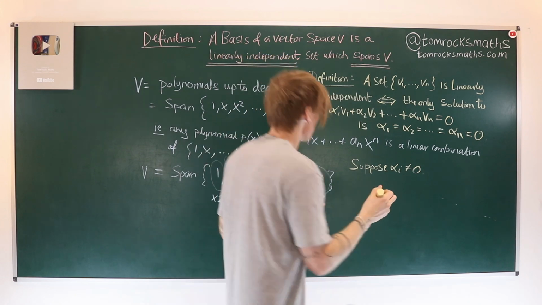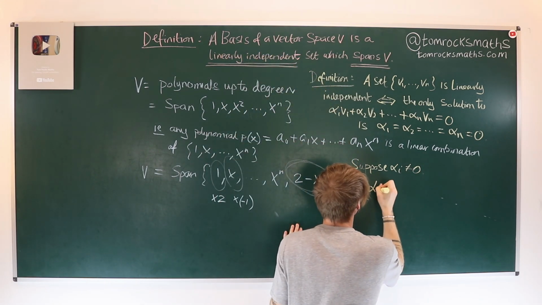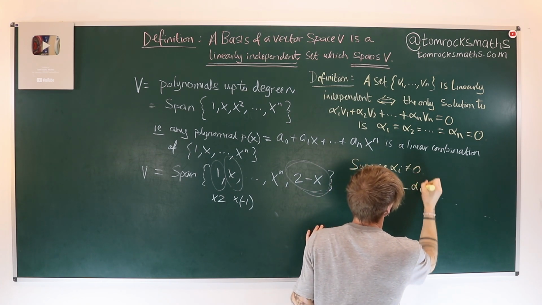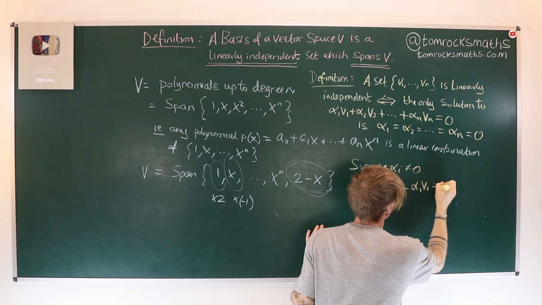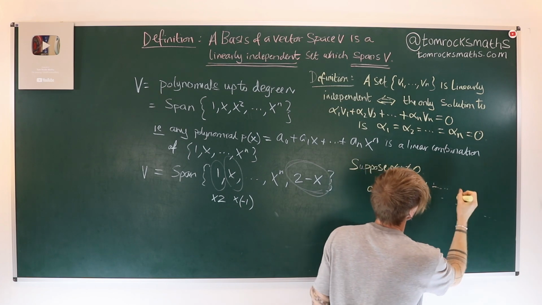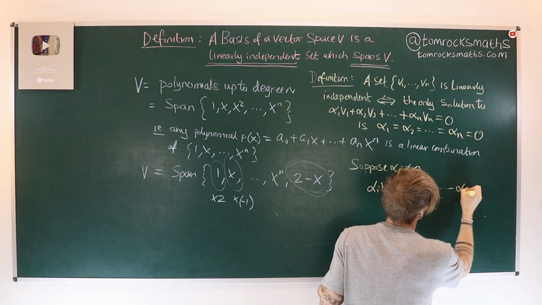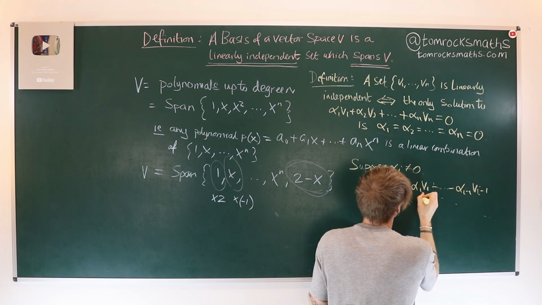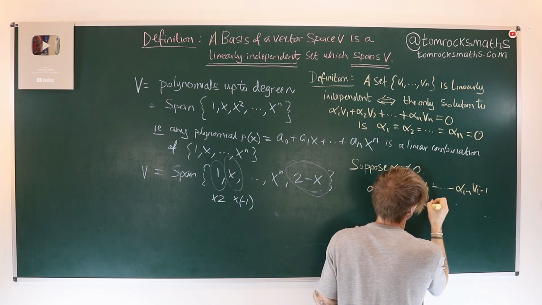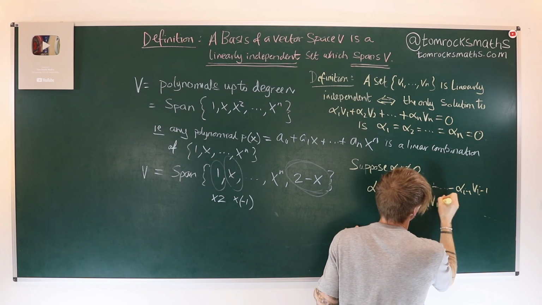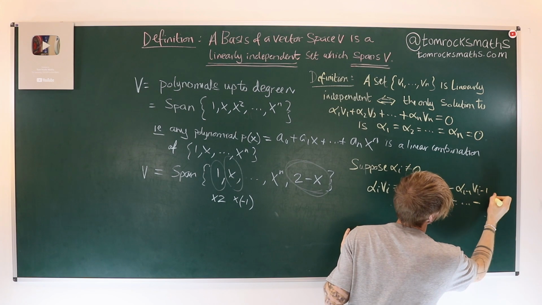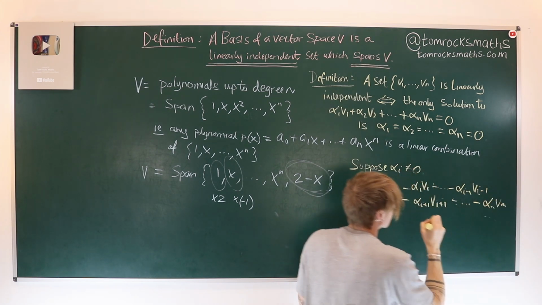Then what we can do is say that alpha i times vi is equal to minus alpha 1 v1 minus ... all the way up to minus alpha i minus 1 v i minus 1, minus alpha i plus 1 v i plus 1, minus ... all the way up to the very last one, minus alpha n vn.